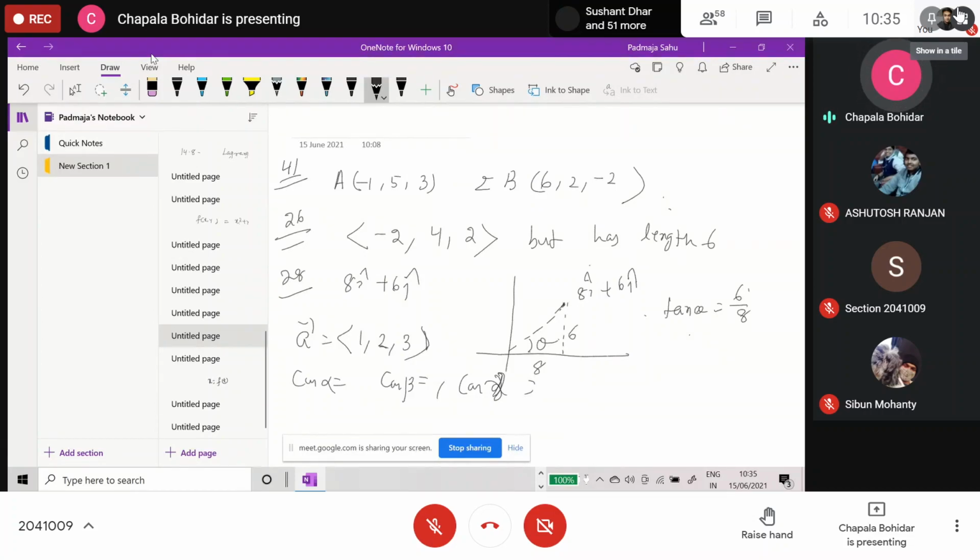Then 17. Find the angle between the vectors. Find an exact expression, then approximate to the nearest degree. You are able to do it? A is 3, minus 1, 5, and B is minus 2, 4, 3. Do it.